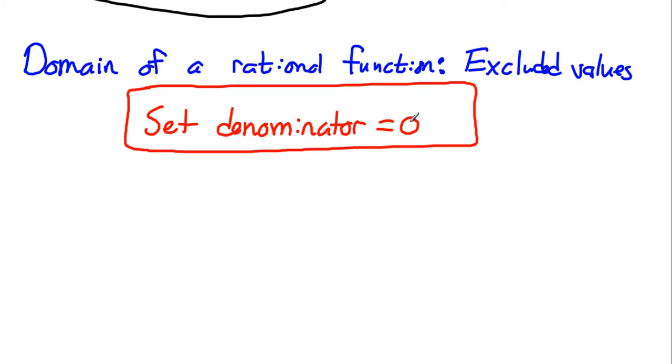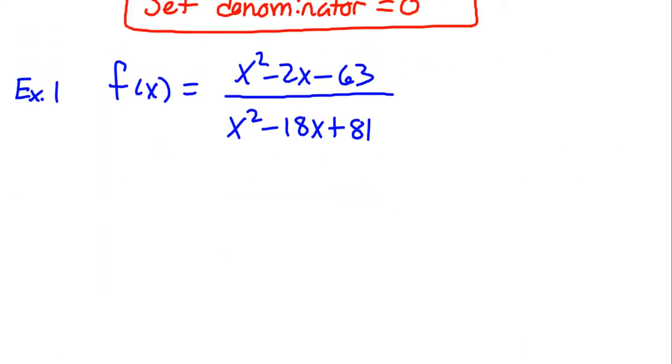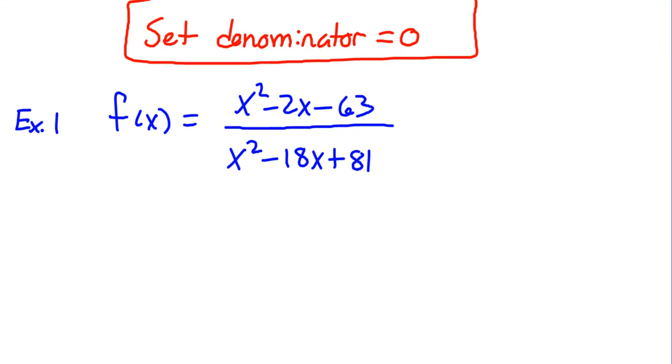So if you get x squared minus 2x minus 63 over x squared minus 18x plus 81, you don't even care about what the top is. That top part of it doesn't really have anything to do with excluded values. The only thing that matters is to take the denominator and set it equal to 0.